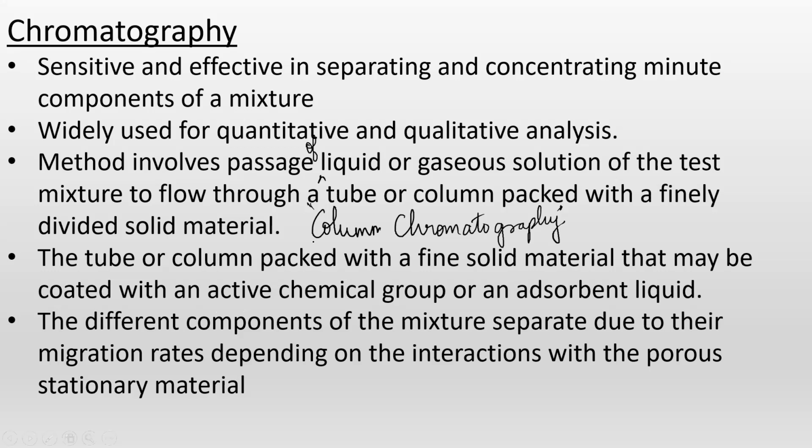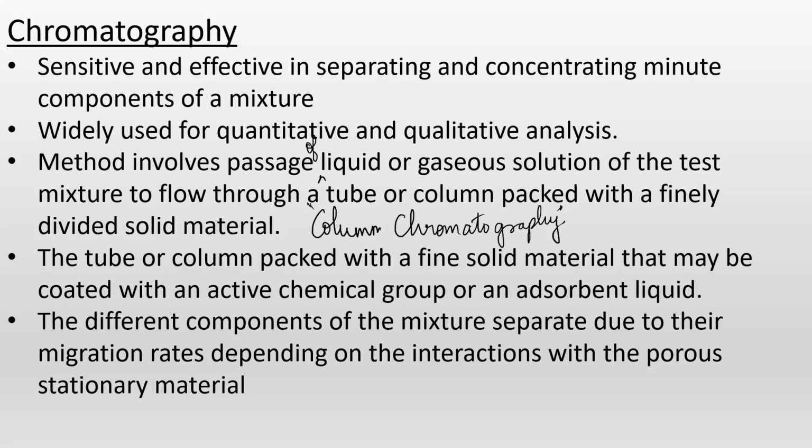And then you make the reaction between the biomolecule and the matrix very specific because of this ligand that is attached. Okay, sometimes the charge is used, so that is ion exchange chromatography. Sometimes specific reactivity is used, that becomes affinity chromatography. Sometimes the size of the molecule is used, and that becomes gel permeation chromatography.